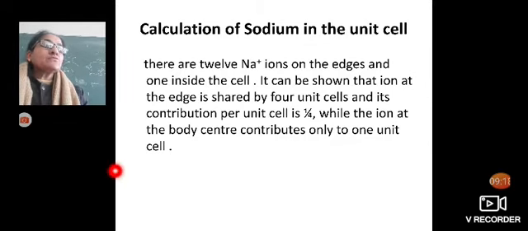There are 12 sodium ions on the edges, one inside the cell, and the contribution of an edge ion per unit cell is 1/4, while the ion at the body center contributes only to 1 unit cell.